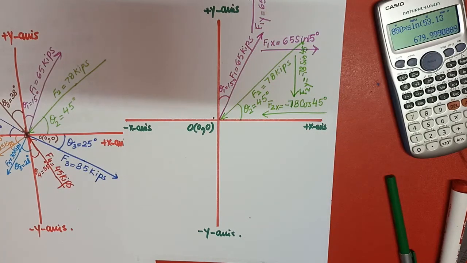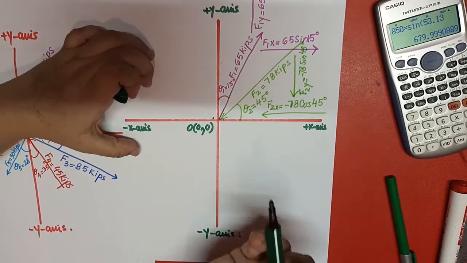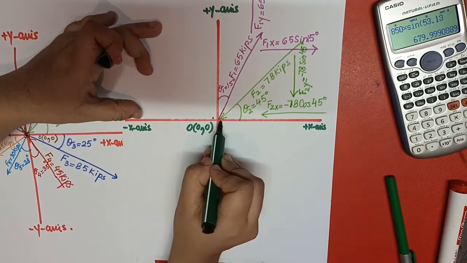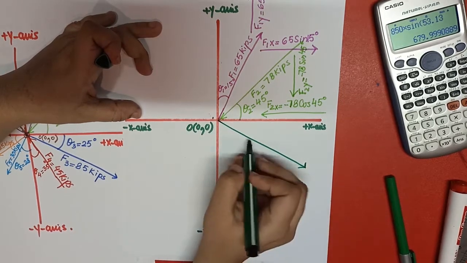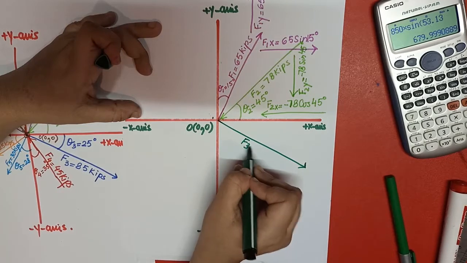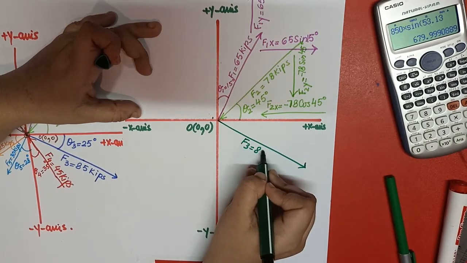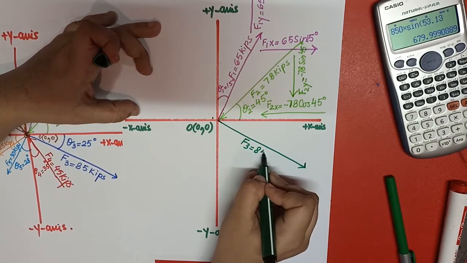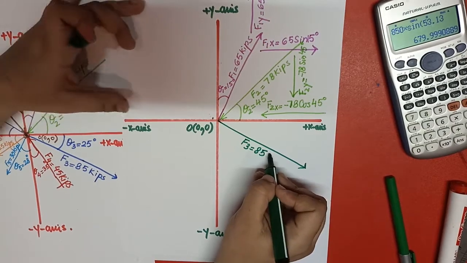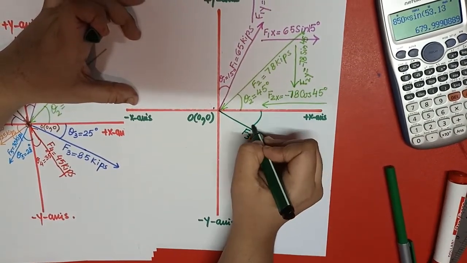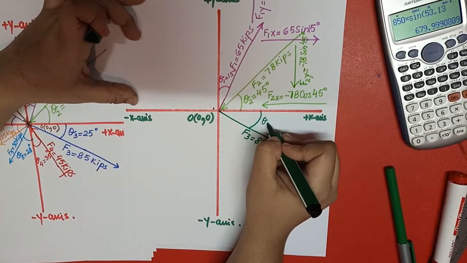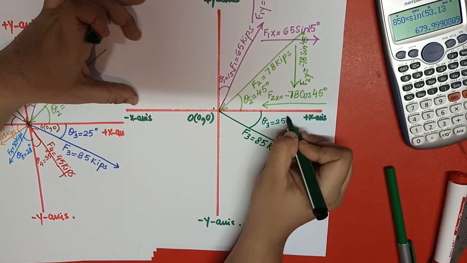Okay, next force. I have to use the dark green marker here, and the third force is F3. F3 magnitude is the maximum of all these 8 forces, so F3 is equal to 85 kips and the angle theta 3 is equal to 25 degrees.